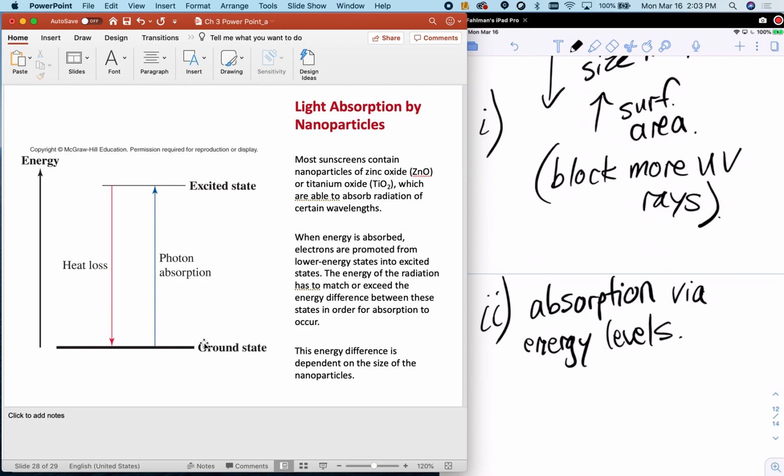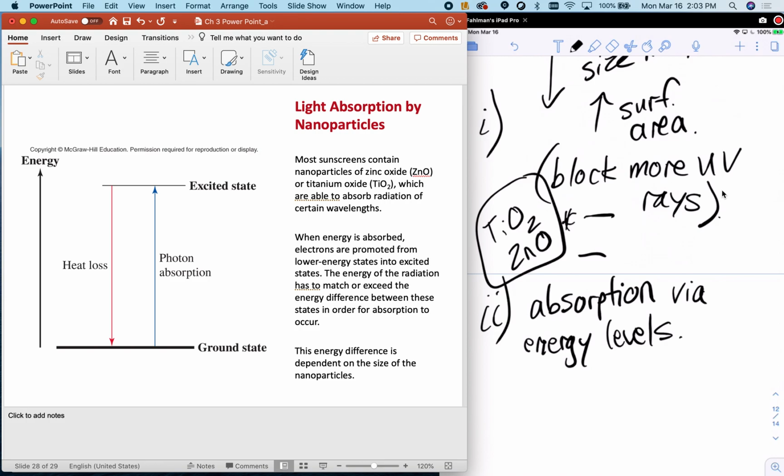So you can design sunscreens that have nanoparticles for a blocking effect. The ones that are most often used are titanium oxide or zinc oxide. And these are most effective because they have these energy levels as well.